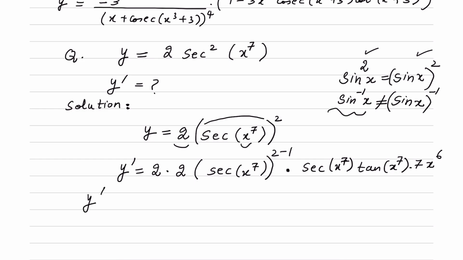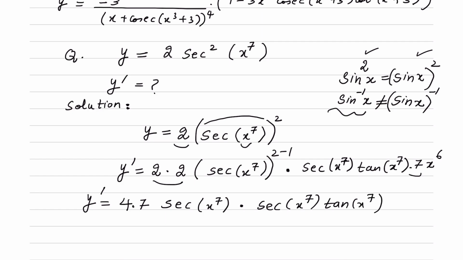Let's simplify this expression. So we have 4 into 7, secant x to power 7, 2 minus 1 is 1, into secant x to power 7 tan x to power 7, and this x to power 6 let's write here.